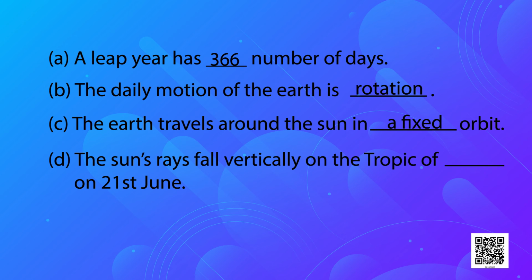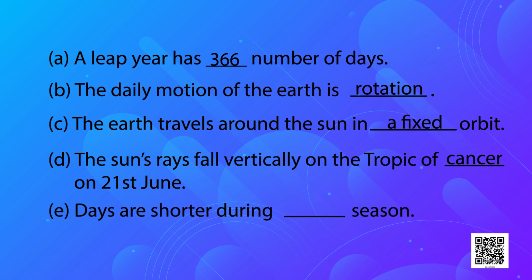So, answer is Tropic of Cancer. E. Days are shorter during dash season in respect to the northern hemisphere? The answer is winter. We have studied that in winter the northern hemisphere has long nights.